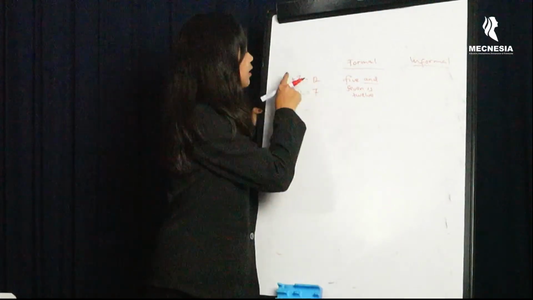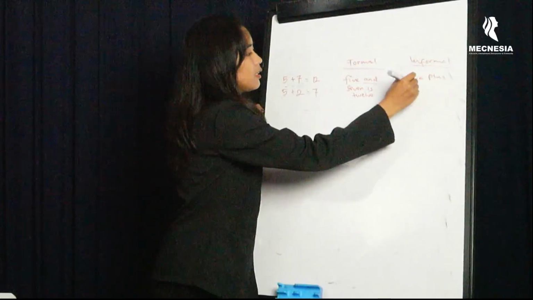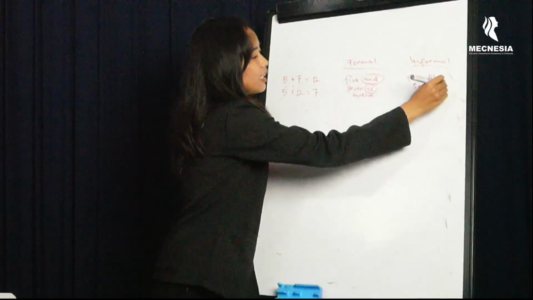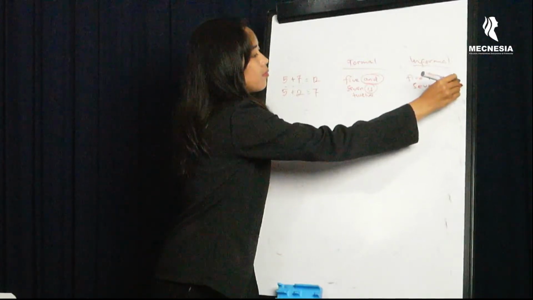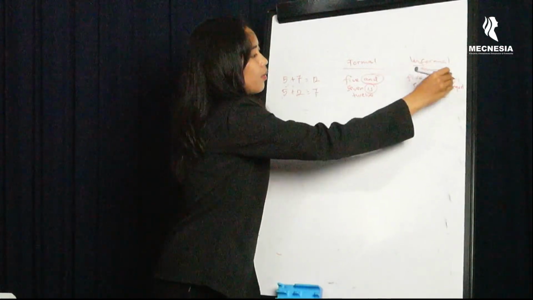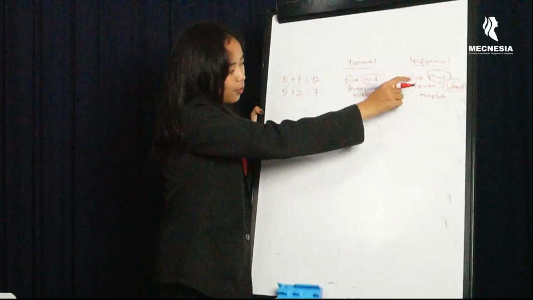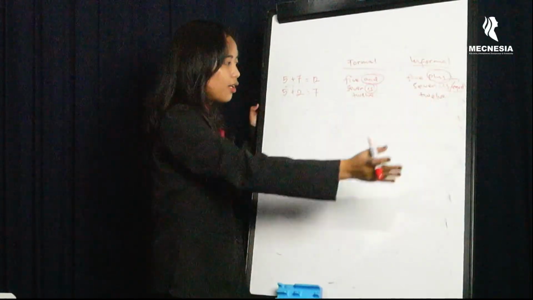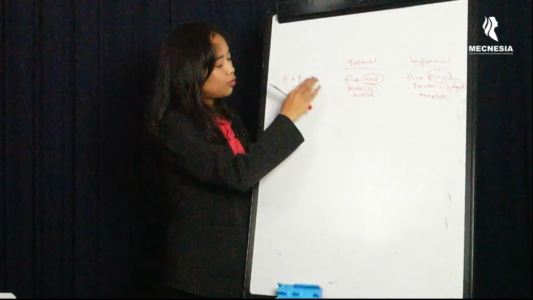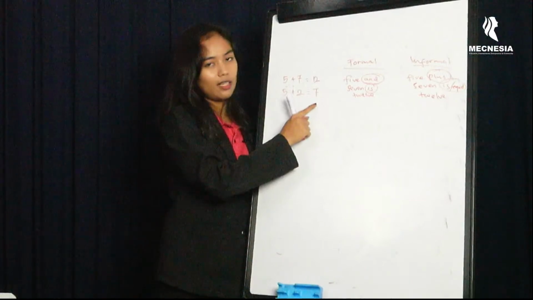So, yang ini jadinya 5 plus 7 is or equals 12. Okay, if it's formal, kita pakai and sama is. But if it's informal, we can use plus and is or equal. So, 5 plus 7 is 12. 5 plus 2 equals 7.